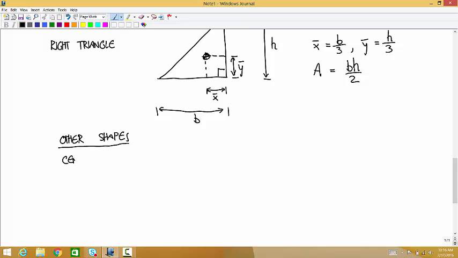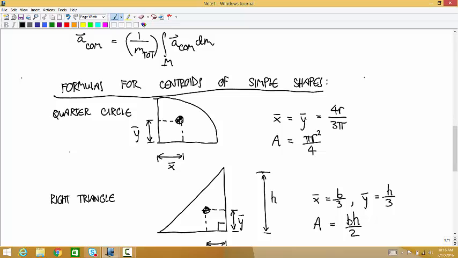The centroid always lies on any line of symmetry. That's when you're talking about 2D, and these are all 2D shapes.